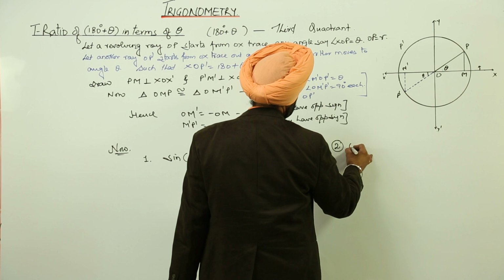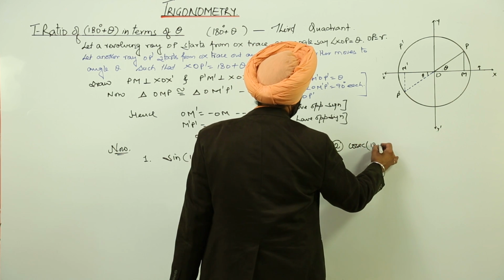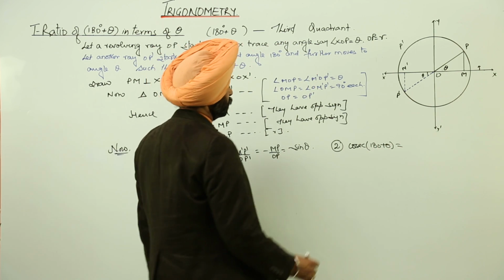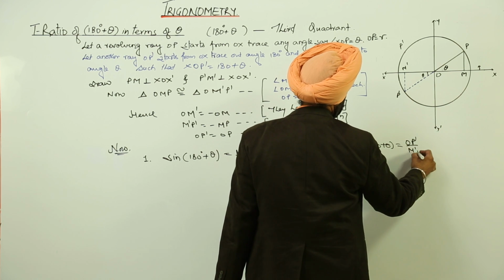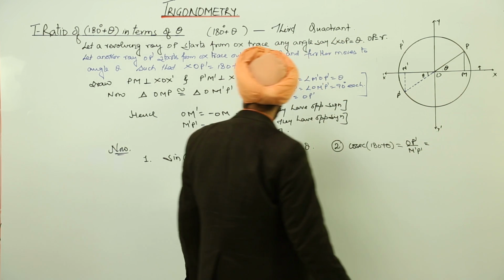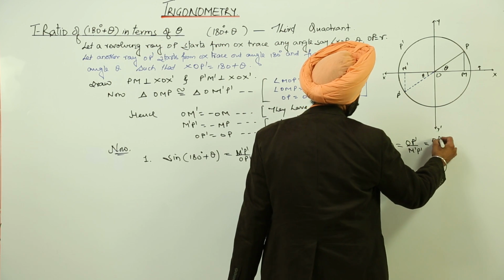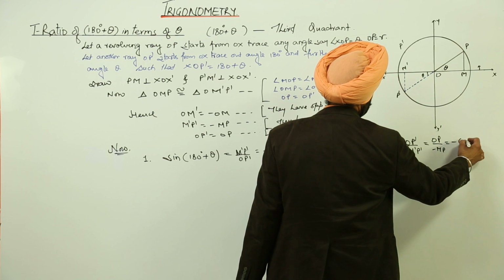Number 2, cosecant of 180 plus theta. Now this becomes OP dash upon M dash P dash, which is equal to OP upon negative of MP, which is equal to negative of cosecant theta.